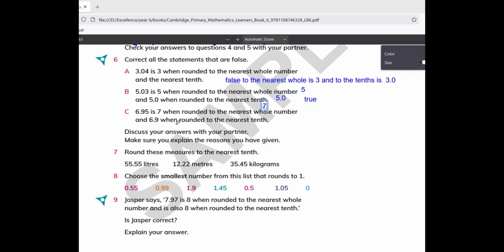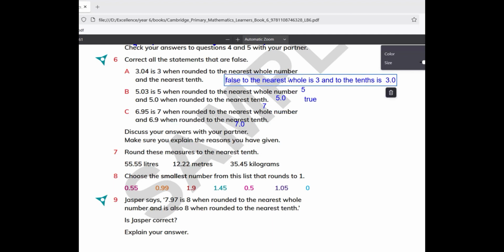And to the nearest tenth, the tenth is this 9. We look after the 9, we have 5. 5 plus 9 is 14, no wait, we round up: 9 becomes 10, 0 and we carry over 1. So to the nearest tenth it's going to be 7.0. So we say this is false.